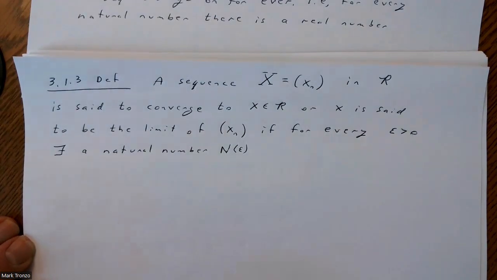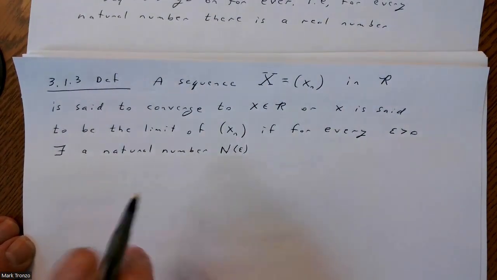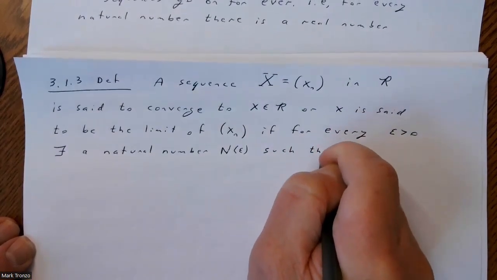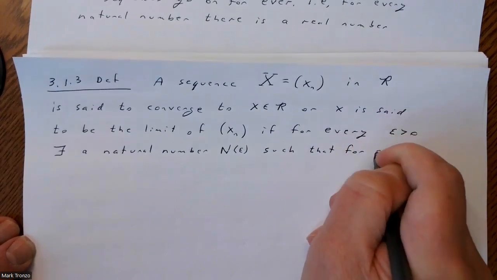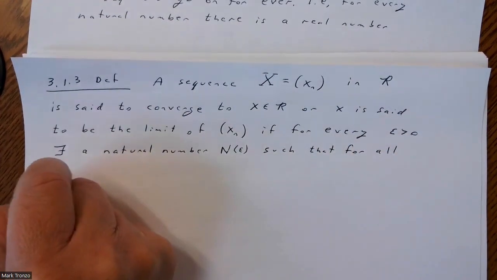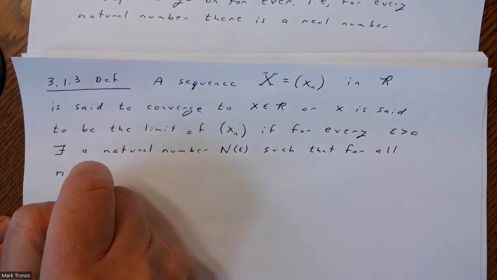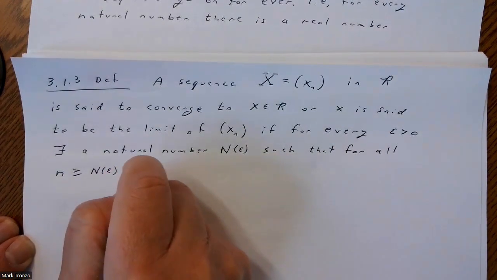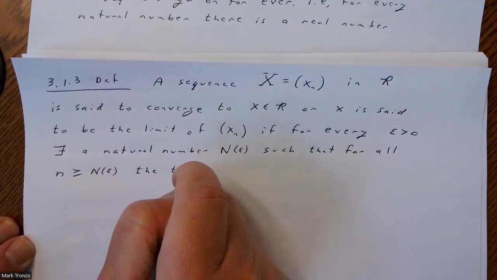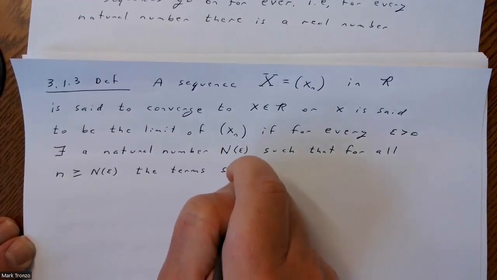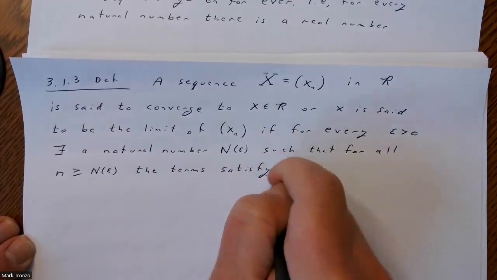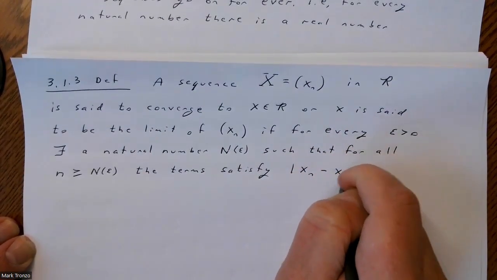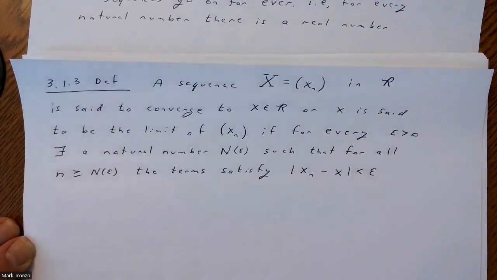Probably a lot of times we won't, but just for the definition, you can say it depends on the epsilon, such that for all n greater than that natural number, the terms satisfy |x_n - x| less than epsilon.